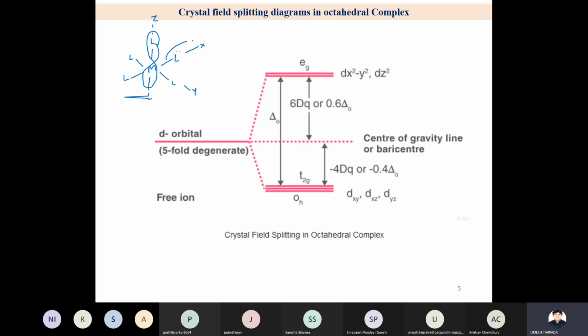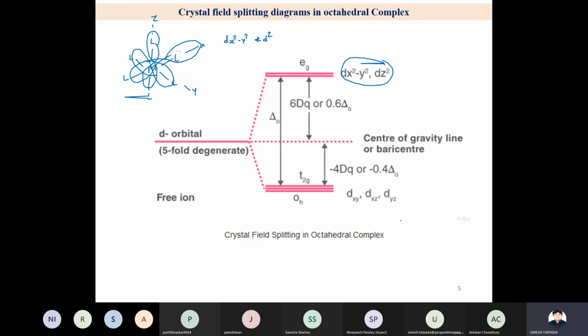Here also the dx square minus y square orbital is present on the x and y axes, and the ligands are also on the axes, so there will be more repulsion experienced by dx square minus y square and dz square. Therefore this set has higher energy, whereas the remaining three have lower energy.